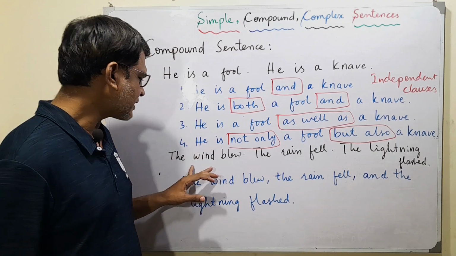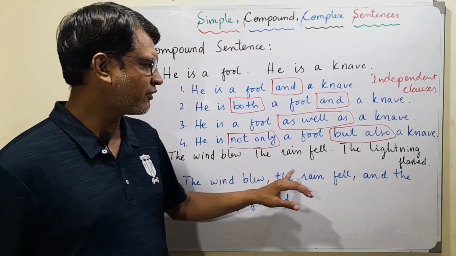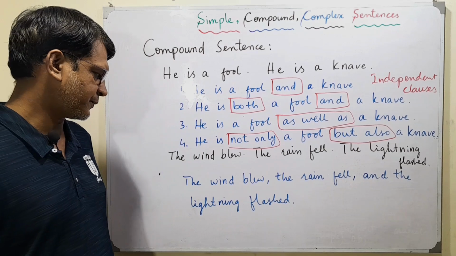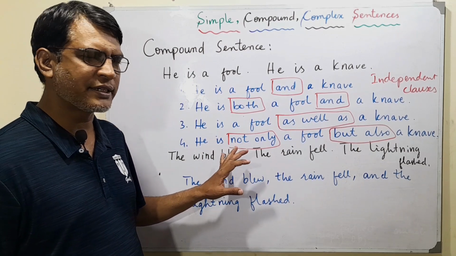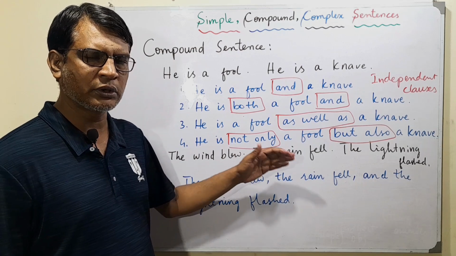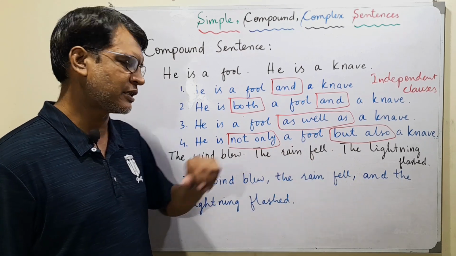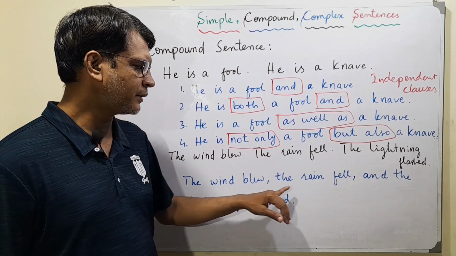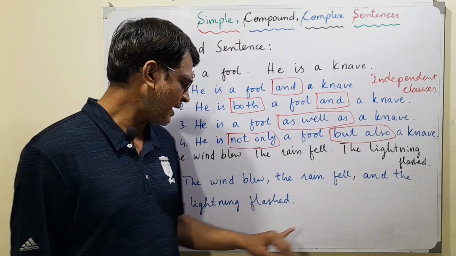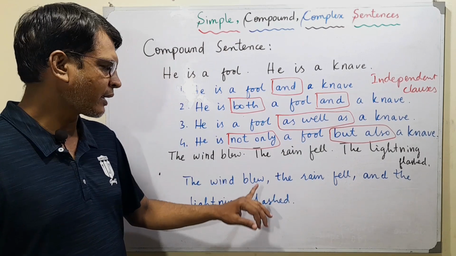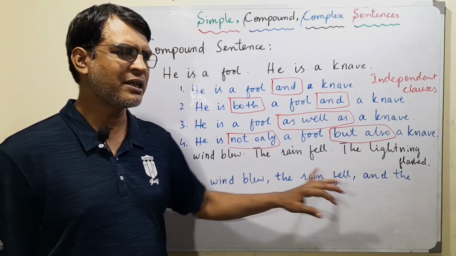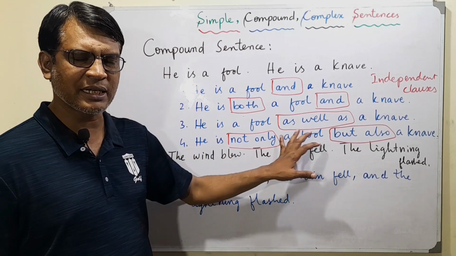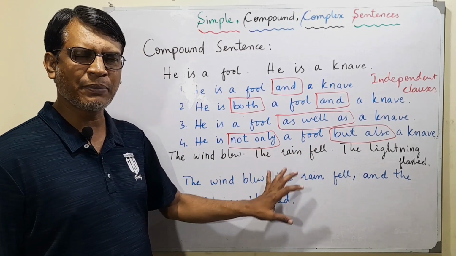Now, the second example: the wind blew, the rain fell, and the lightning flashed. We can also make a compound sentence with the help of two or three or sometimes four sentences. Like the wind blew, comma, the rain fell, comma, and the lightning flashed. Here we have used a comma at both places, and, to make these three sentences into one compound sentence.